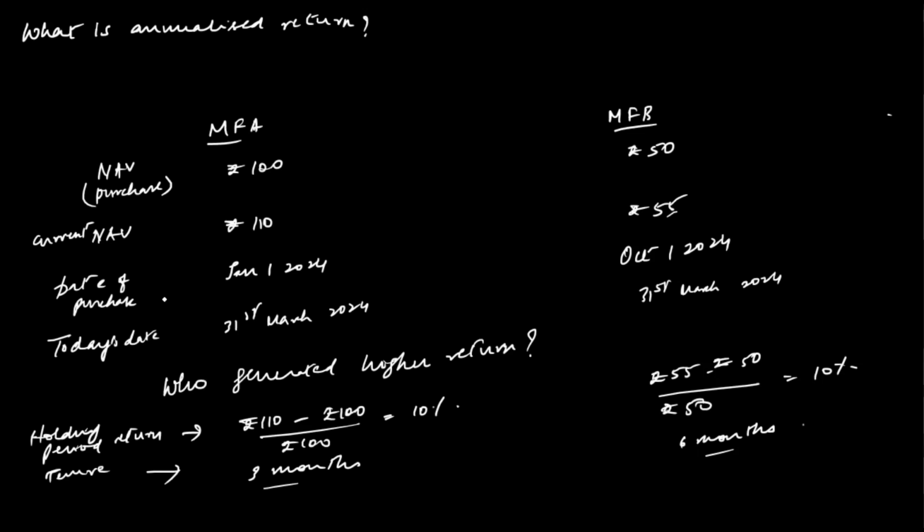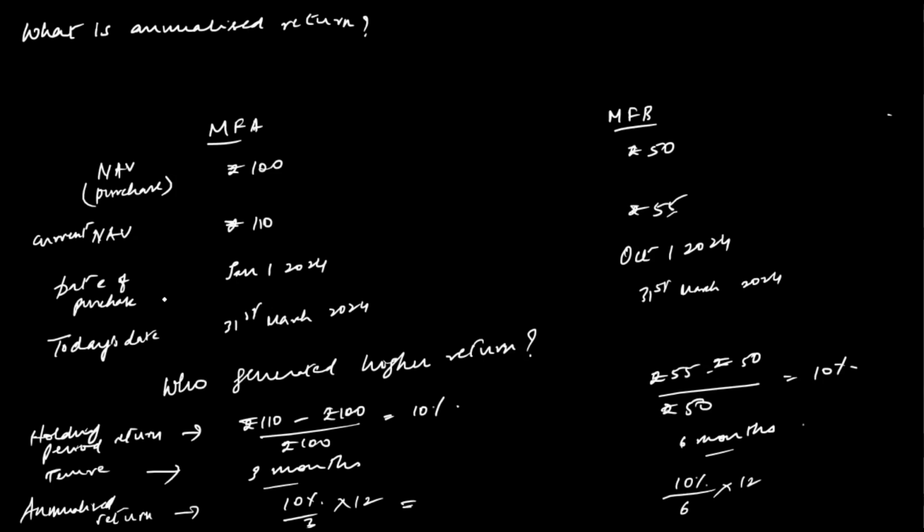So how do I do that? First I'll find out what is the monthly return, that is 10% divided by 3, and then I will multiply this by 12. Similarly, here it will be 10% divided by 6 and I'll multiply this by 12, right? So this will give me the annualized return.